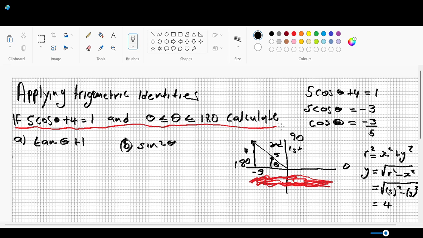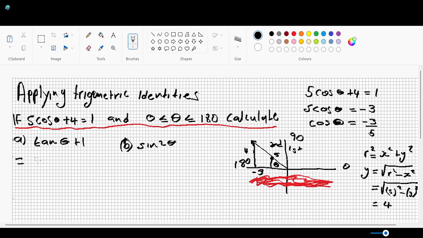Alright, now that we have all the sides of this triangle here, we can start substituting and solving our problem. Now let's go to the first problem, which is problem number A. This one is not an identity, not something that we need to work out, so we're just going to substitute. So what is tan?